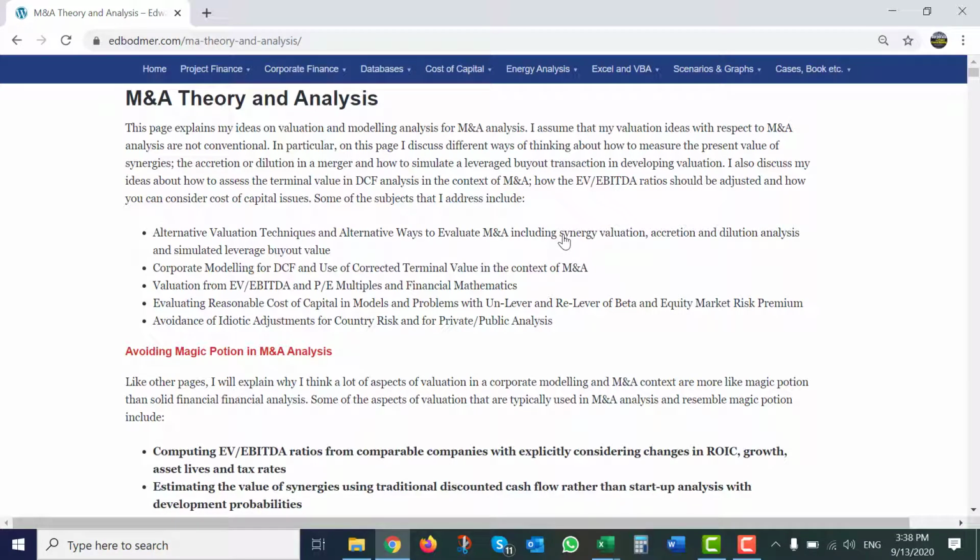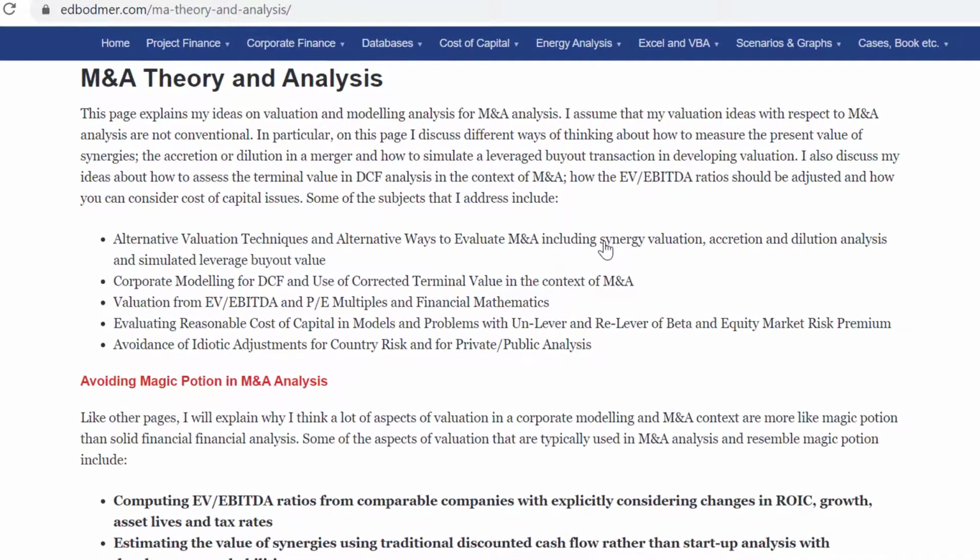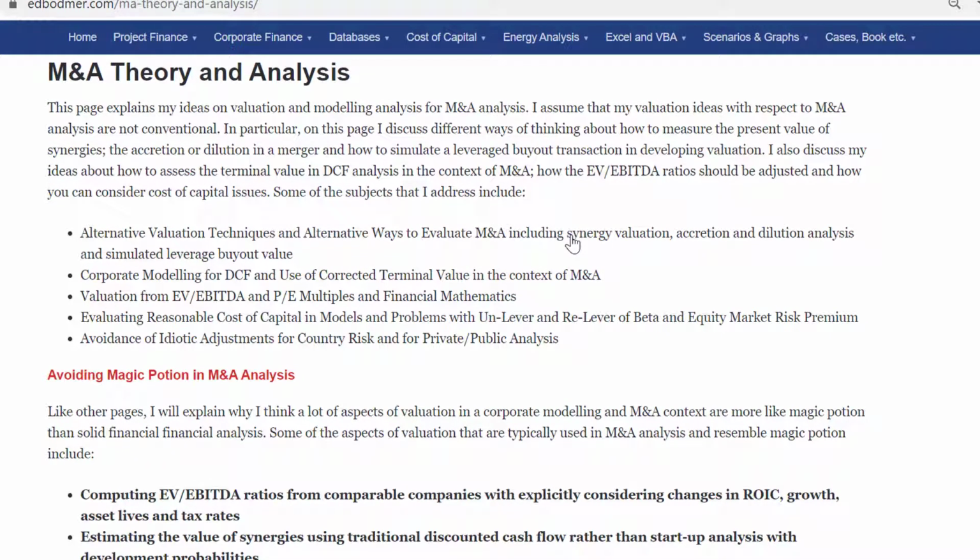Just to summarize some of the key points I hope to make: I'm going to go through some alternative valuation techniques and ways to evaluate an M&A transaction.